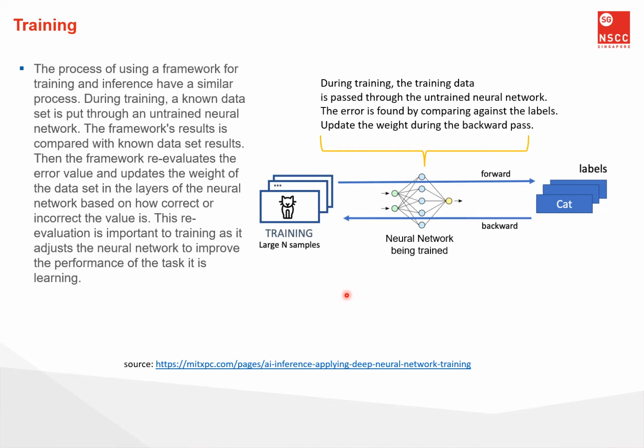and then the neural network is trained in this process. Now, a similar process can also be applied to other training algorithms, even if you are not using a neural network, but the training process is very much the same. You have a set of input values or features that you present to the model. The algorithm will then learn from this input data and then compare against the labels.